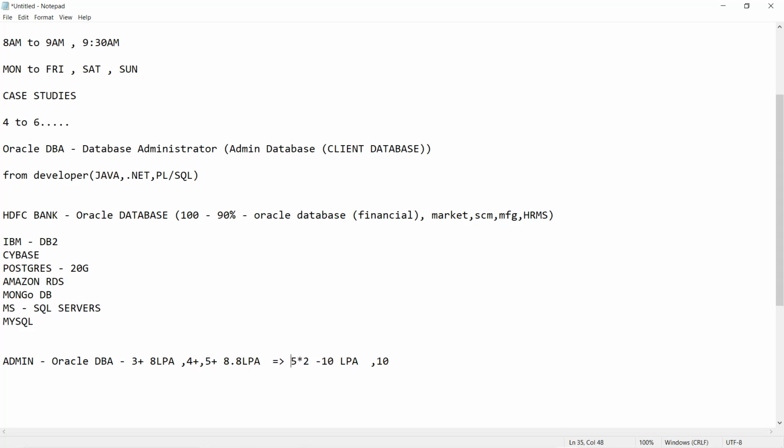Generally your package as per market value should be 10 lakhs, but still you are at 8.8. There will be different needs for a person: marriage, house construction. These are common things we see in our daily life, and these things happen when you change your company.